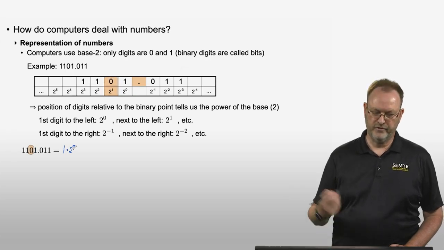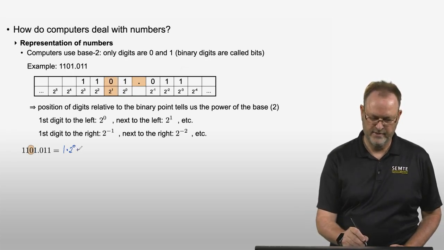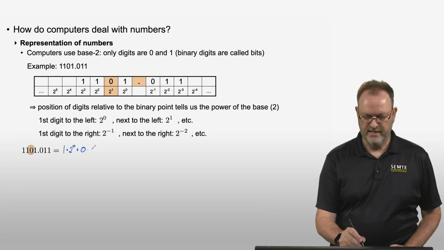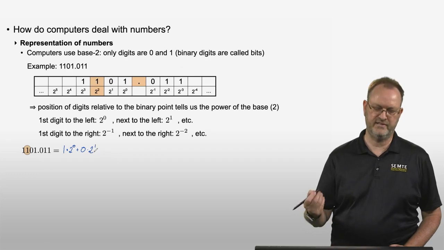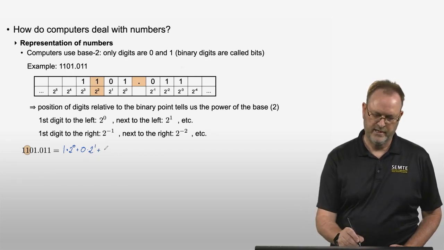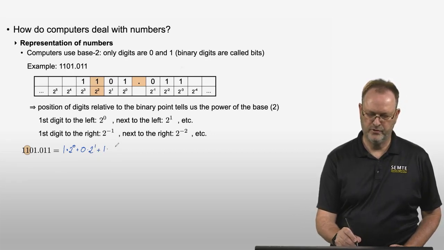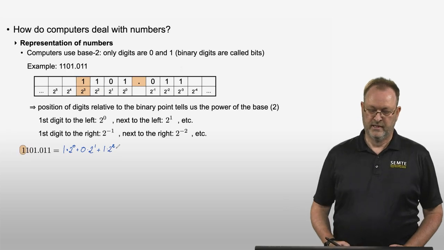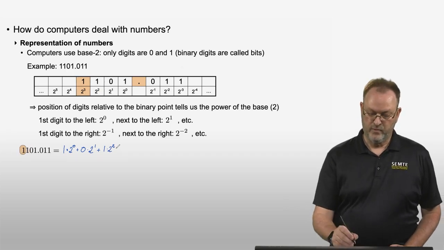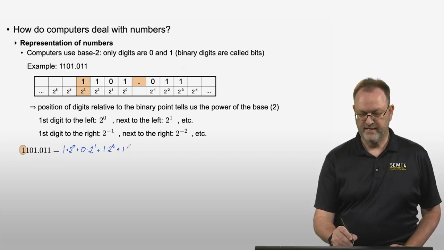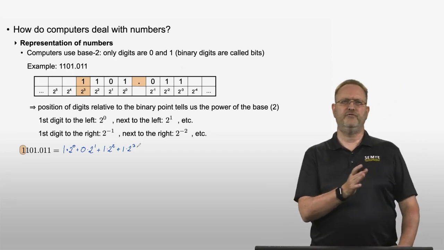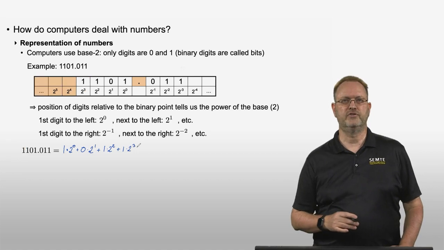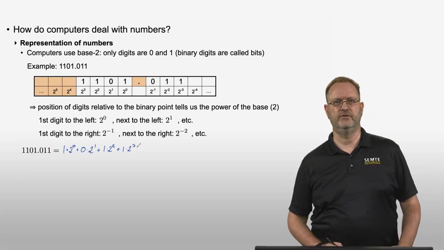The next digit over is a 0, so we can write plus 0 times 2 to the power 1. The next digit over is again a 1, so plus 1 times 2 to the power 2. And then the next digit is again a 1, so plus 1 times 2 to the power 3. And we don't have any digits further to the left of the binary point, so we can stop the sequence here going to the left.